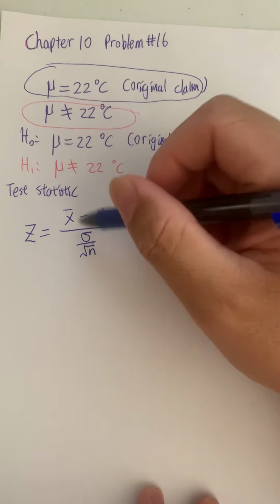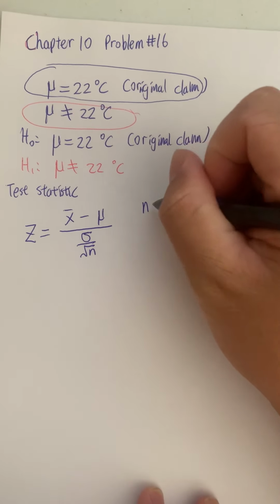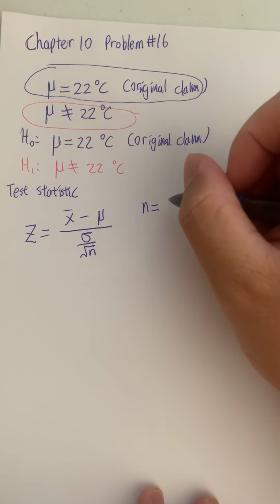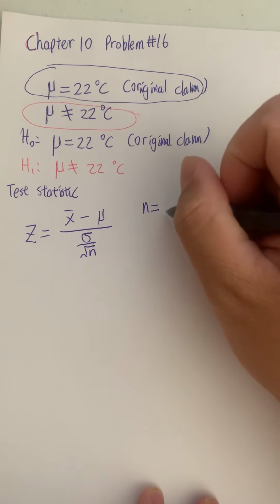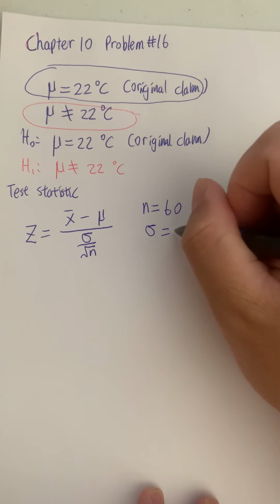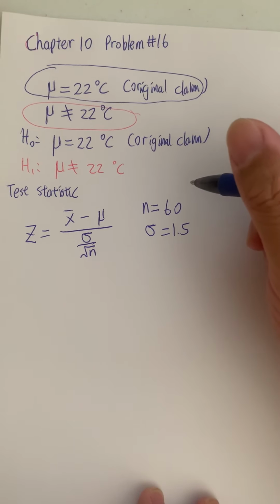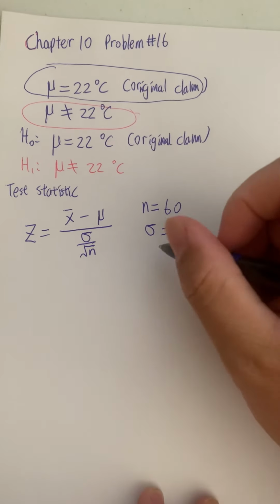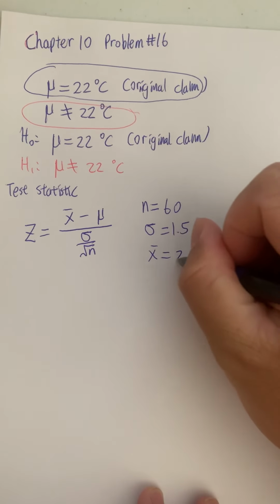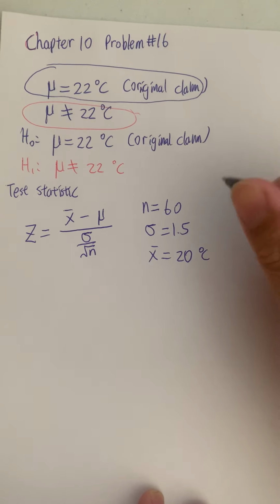So mu already is 22, n on the problem is 60, population standard deviation is 1.5, and x bar is 20 degrees Celsius.